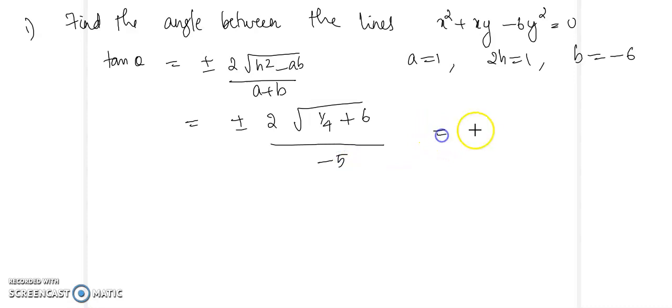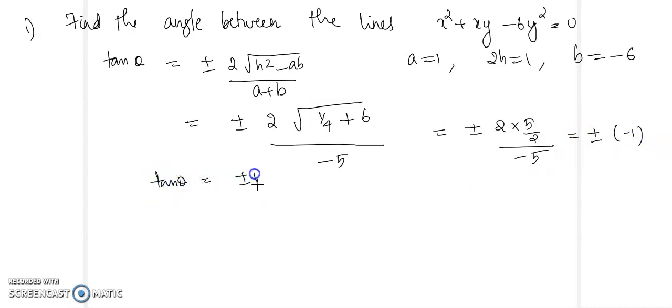So that will be equal to plus or minus 2 root of 25 by 4, so that is 5 by 2, by minus 5. So that is plus or minus 1. So tan theta will be equal to plus or minus 1.